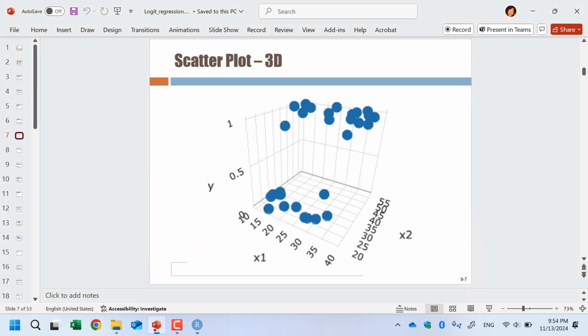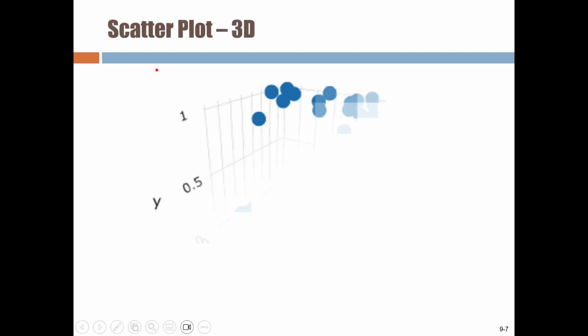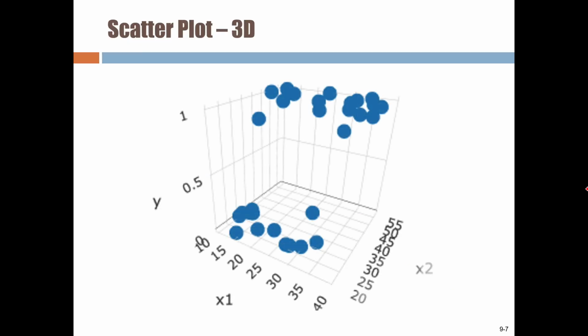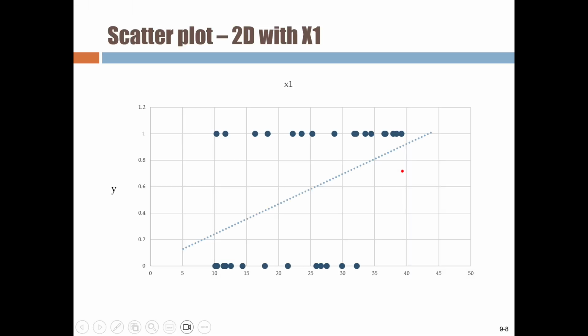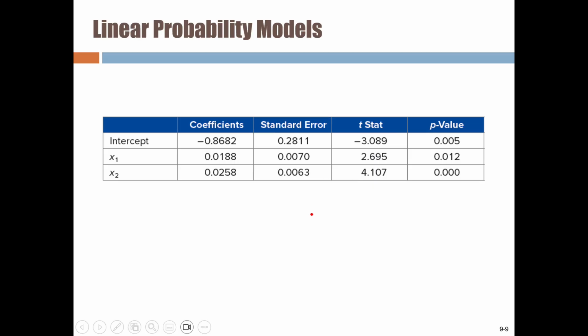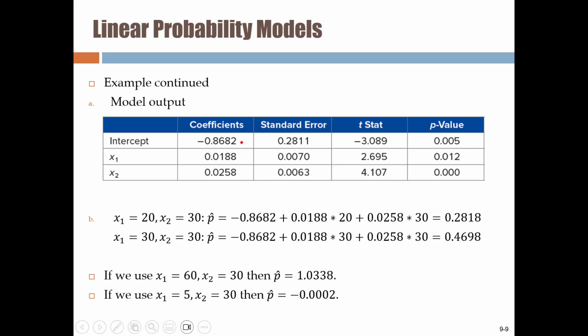Okay, so I will go back. If we draw just the 2D, this will be our regression line, and we can find our coefficients by simply running the regression.